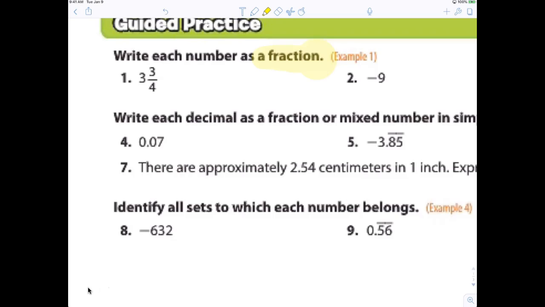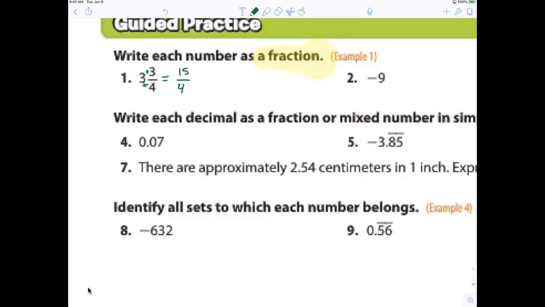Yes, 15 over 4. Remember, you multiply these two things together, and then you add. So 4 times 3 is 12. 12 plus 3 is 15. So you're writing that as an improper fraction, 15 over 4.